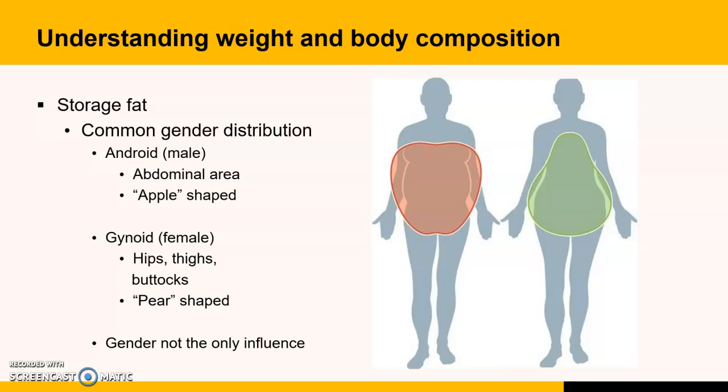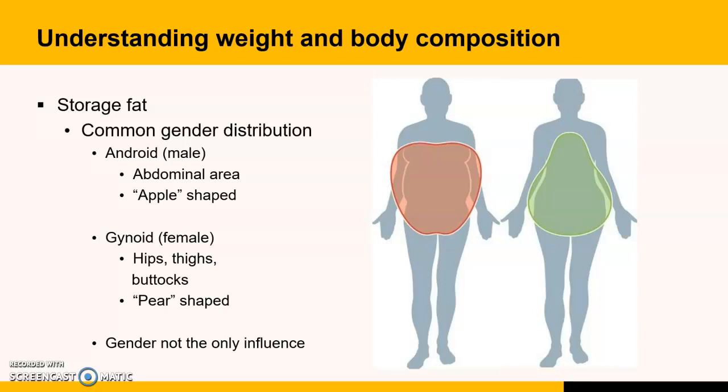This typical fat distribution pattern has led to body shape being described as similar to a pear, kita panggil sebagai gynoid, ataupun apple sebagai android. Tapi sekarang ni Apple tak pakai android. Apple iOS, yang pakai android adalah telefon-telefon yang lain. And these two types may have health implications.